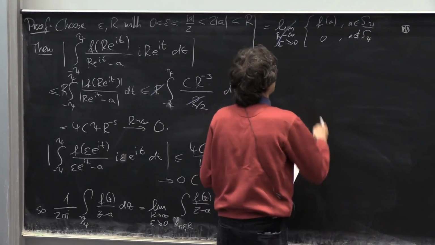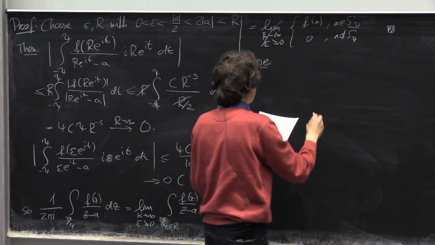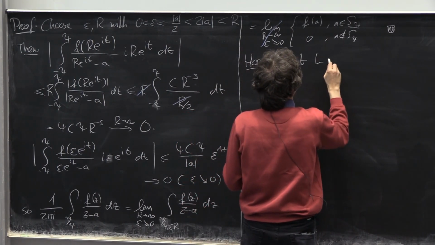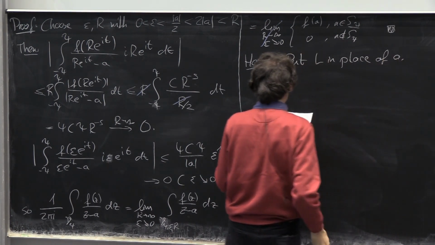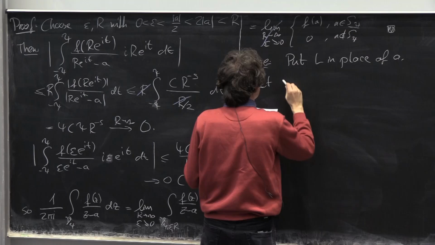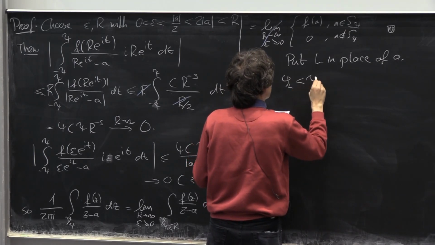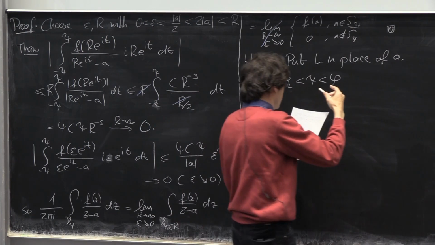So let's try to make this work. Our hope is to put L in place of A. So let's take a psi that is in between the sectoriality angle and our phi.